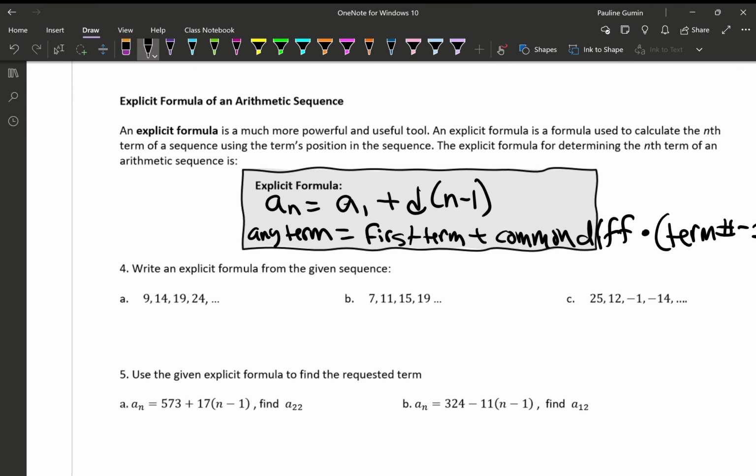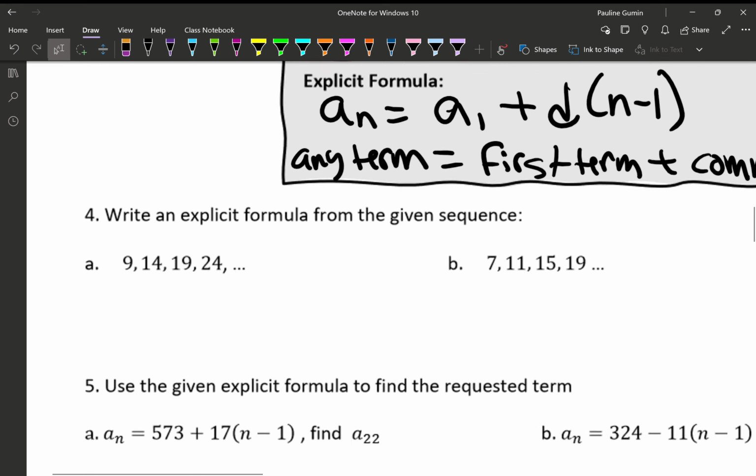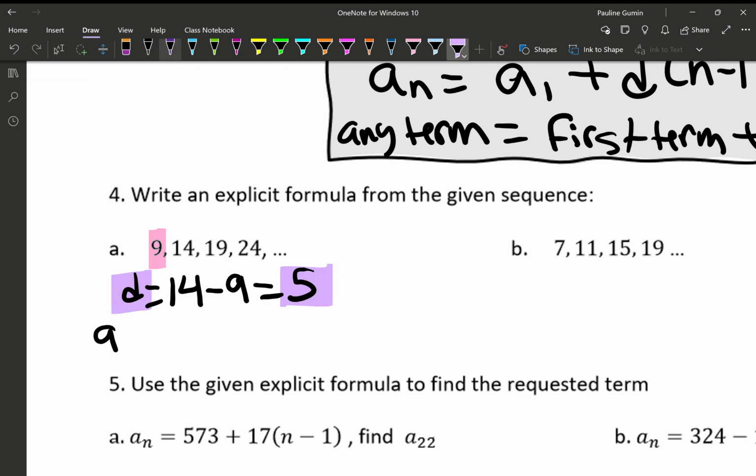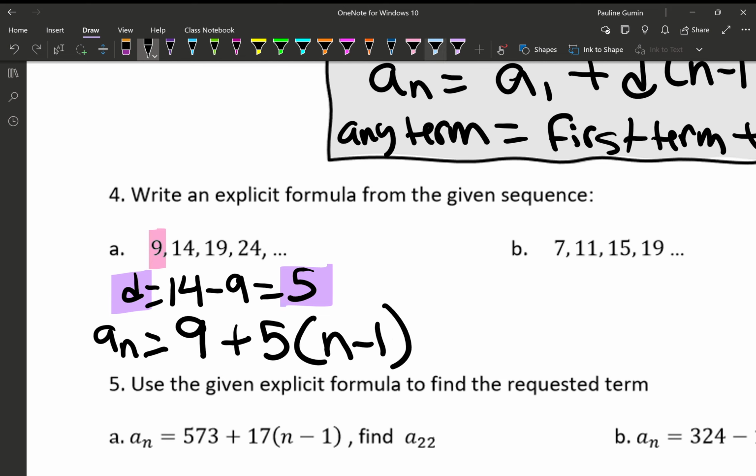Let's try out the explicit formula for number 4. What we need is the first term and the common difference. The first term is 9. That's easy. Let's find the common difference by doing 14 minus 9, which is 5. So a_n equals our first term, 9, plus 5 times n minus 1.